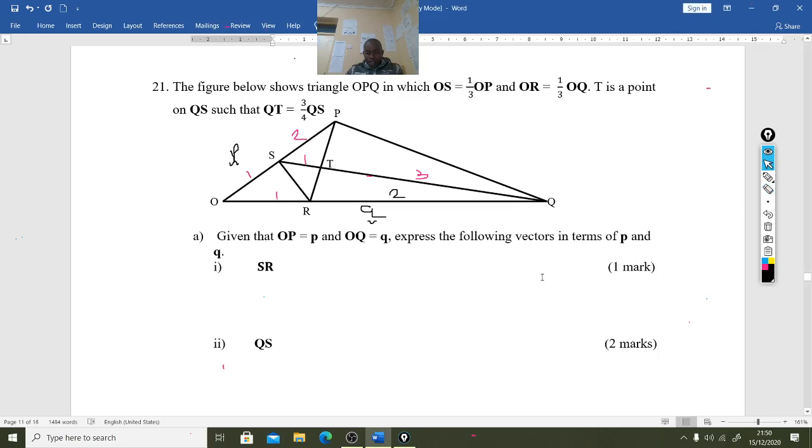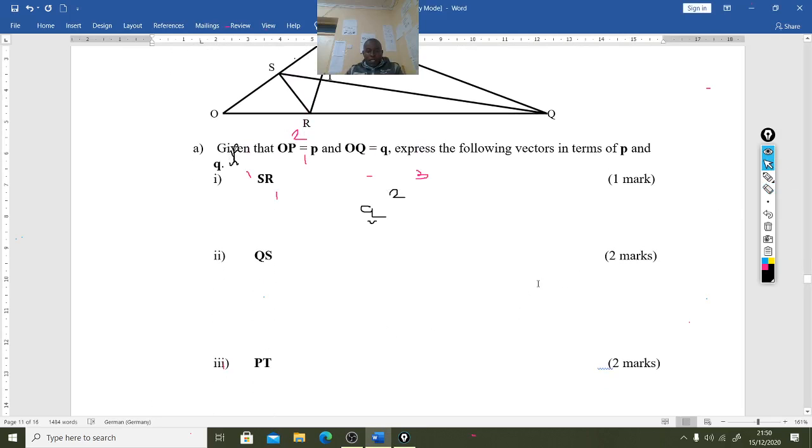The next part is that we find PT, from P to T. Remember, our P is there to T. So from P to T, I can come from P to S, PS vector, plus S to T, ST.